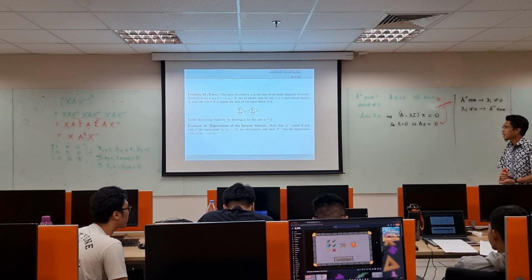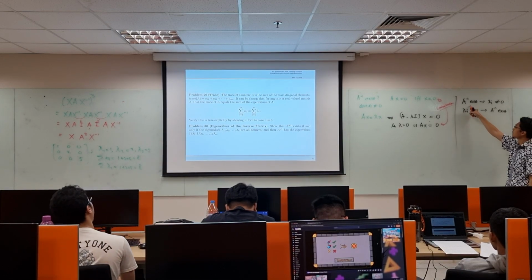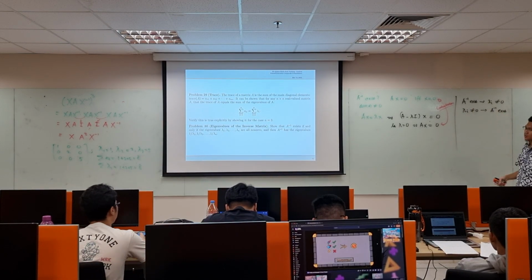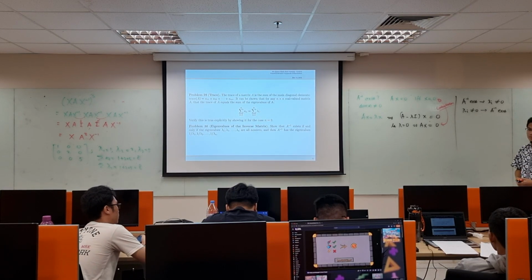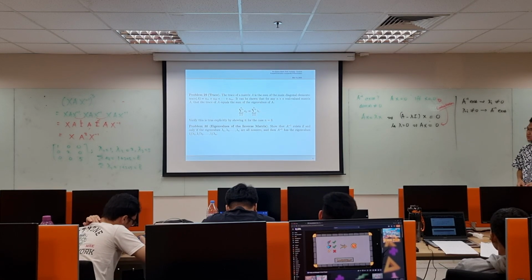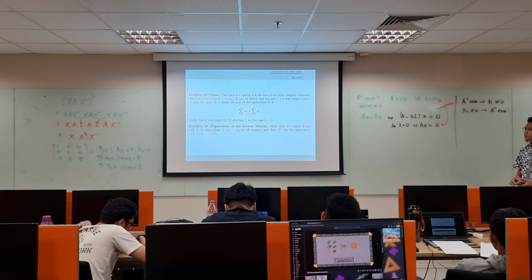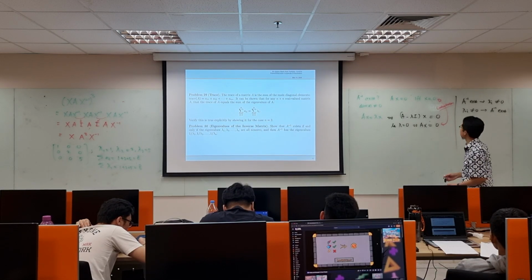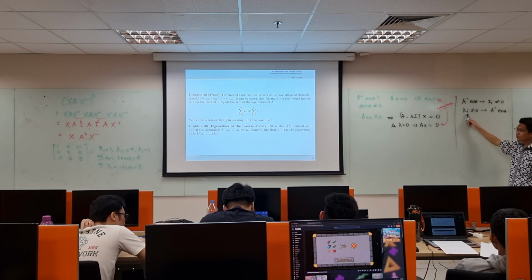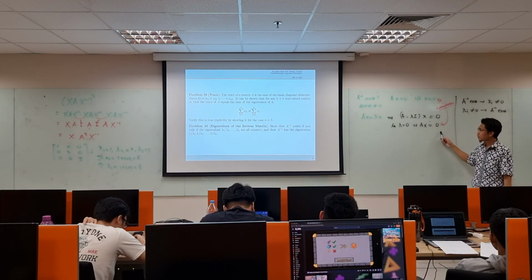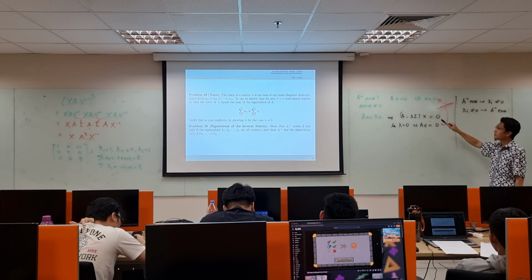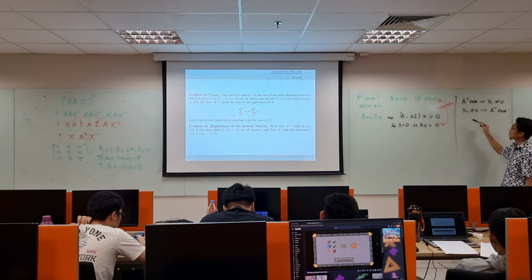What about we show from A inverse exists and this one to be non-zero? How to do that? This one, from lambda I non-zero, we arrive at A inverse exists. If and only if means we go the other way around, both ways.